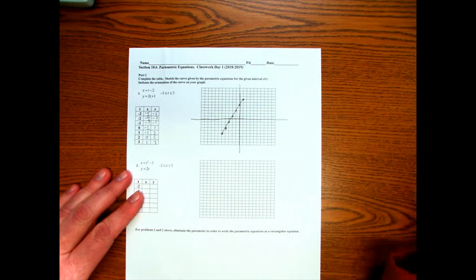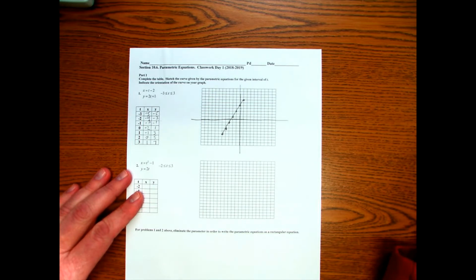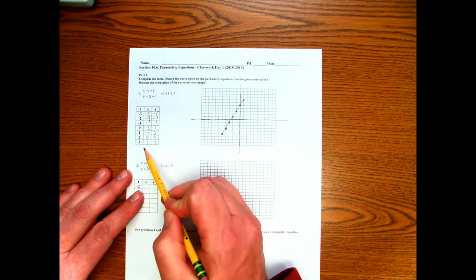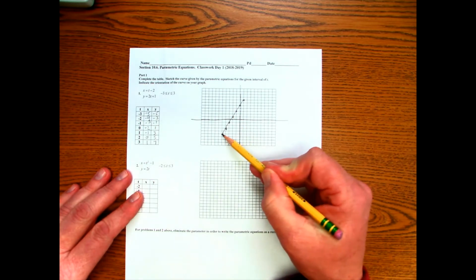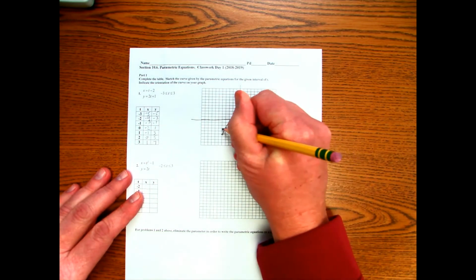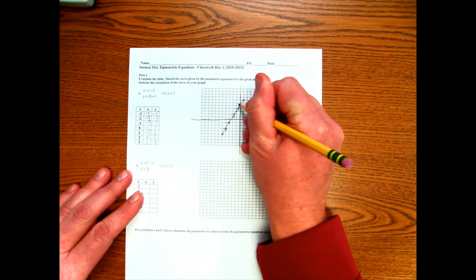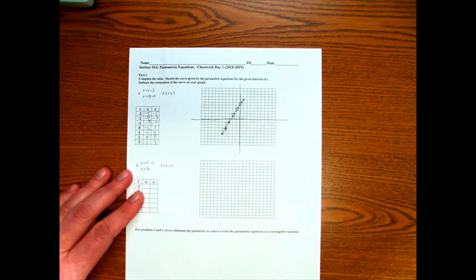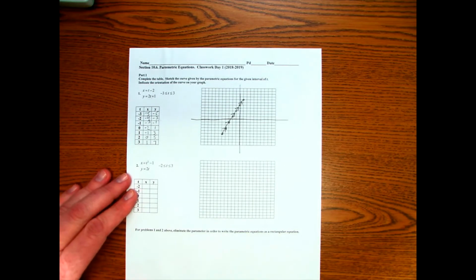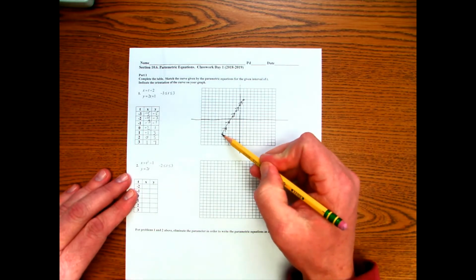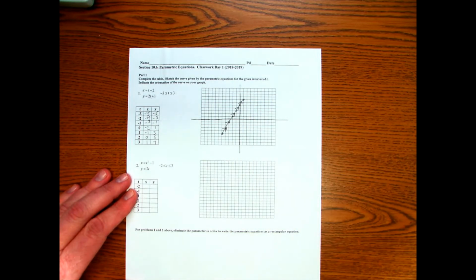It's, well, how did that set of points come about? Where did it start? Where did it end? So we always indicate going from smaller t values to bigger t values. So that was the first point, second point, et cetera. So what we're going to do is put some arrows like this, and that will represent the graph of that curve going from that t value to this t value, indicating the direction of the orientation.